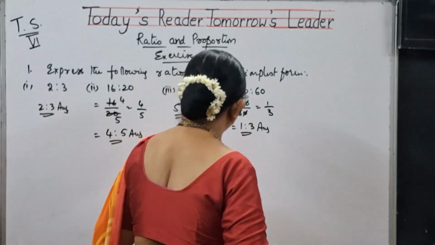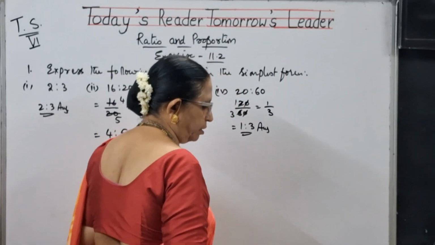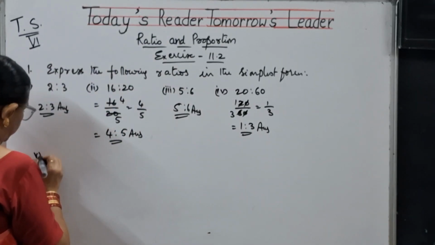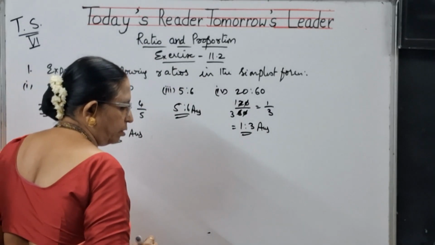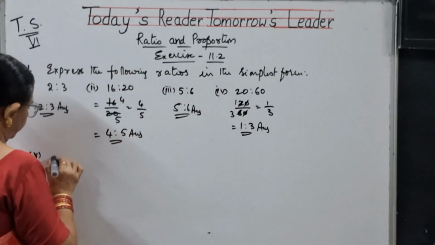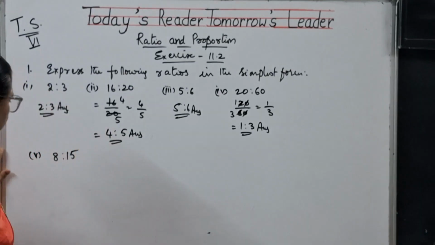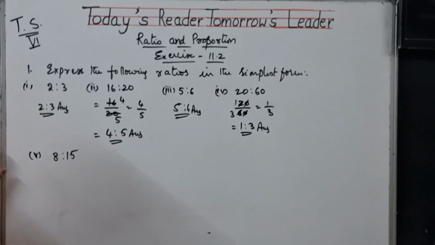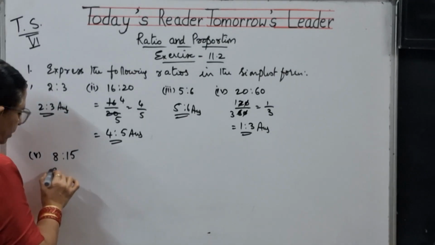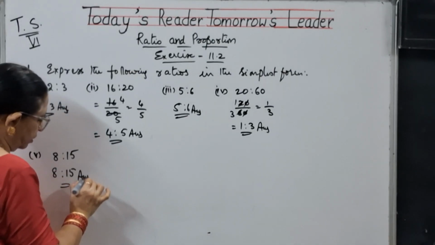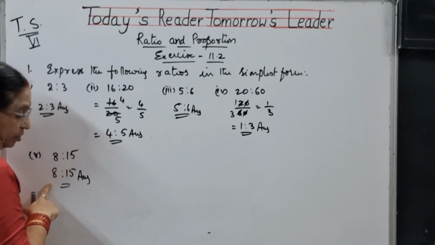Then fifth bit is 8:15. See children, in 8:15 also you don't have any common factor. So 8:15 itself is the answer because these two are also co-primes.